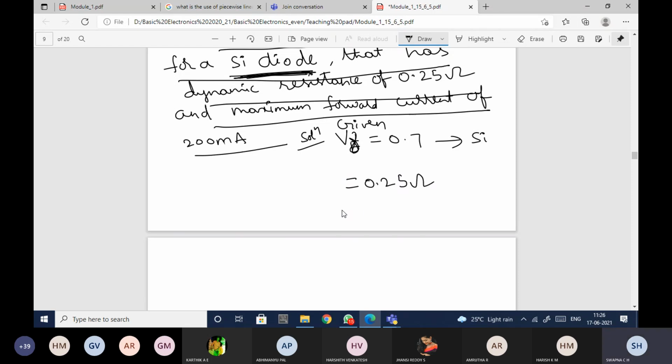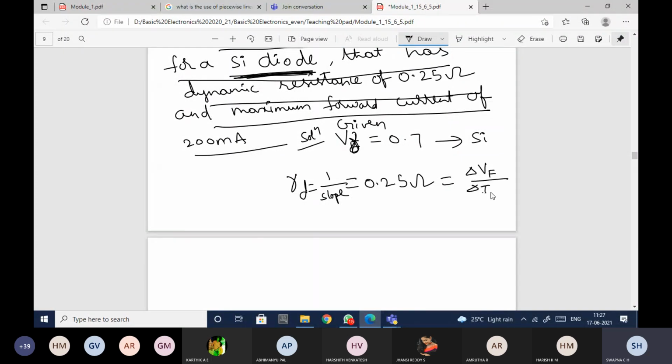It is nothing but the change in resistance due to the change in input voltage. So that is given by RD. How we were calculating the RD, slope, inverse of slope, 1 by slope will give the RD, right? So that he has given as 0.25 ohms, which is also nothing but delta VF by delta IF.